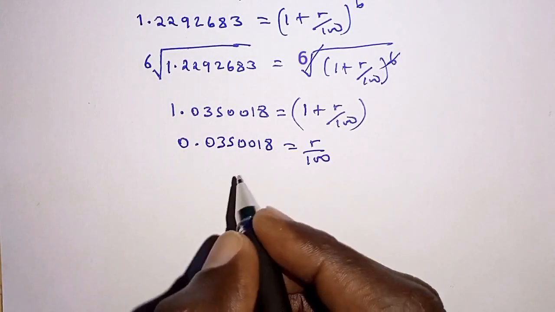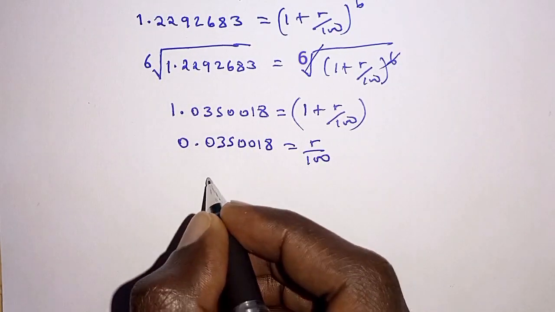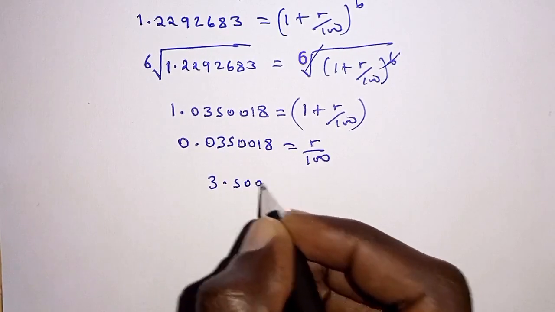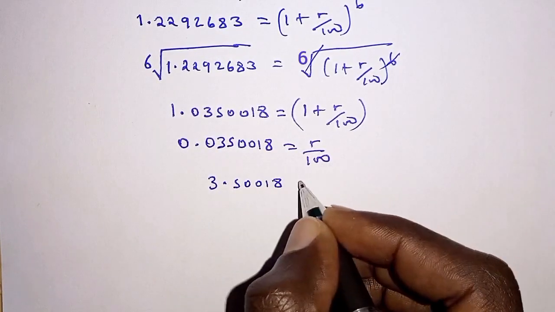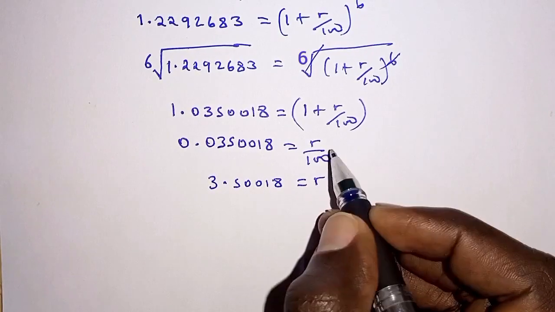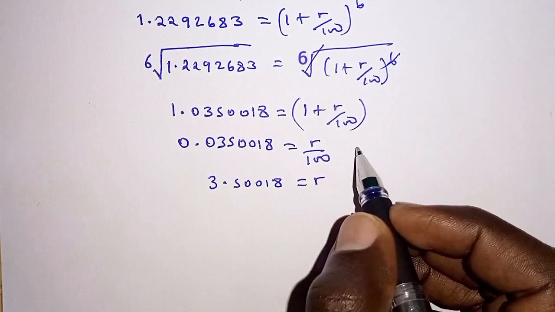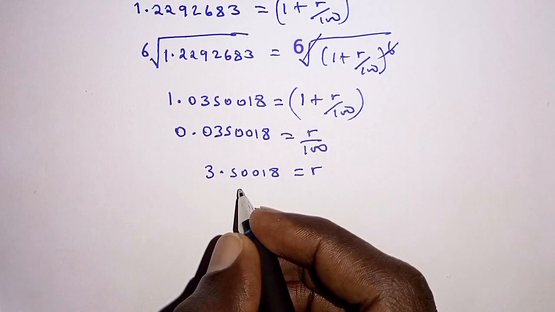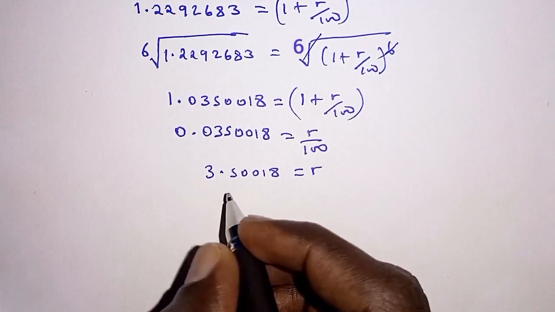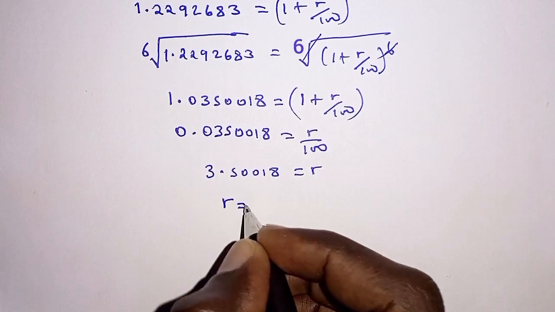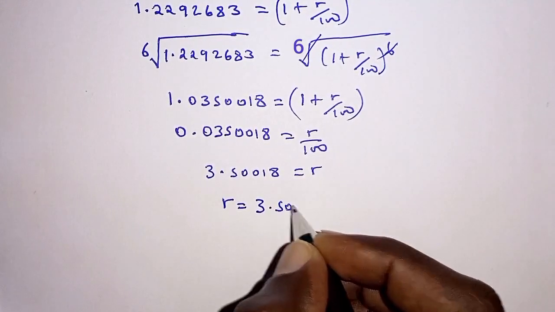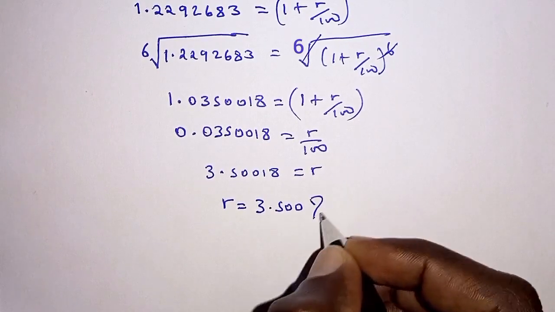You multiply this by 100, we'll have 3.50018 on the left hand side, and then the right hand side we have r, that is r over 100 times 100. So that means that the rate of compound interest charged on the balance is 3.500%.